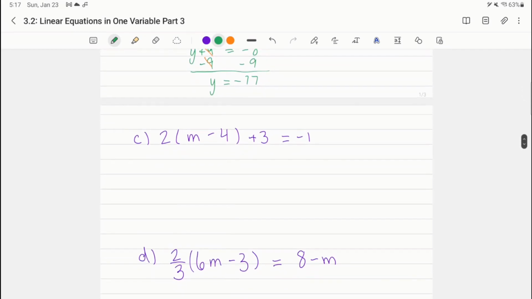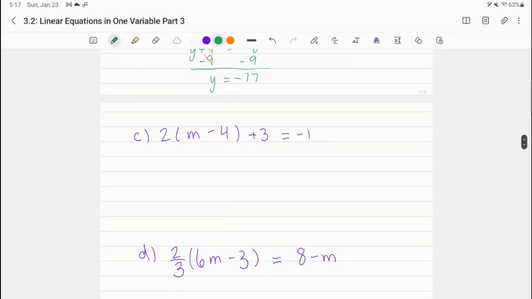Okay, example C. Now we have 2 times the quantity m minus 4, plus 3, equals negative 1. Because of the plus 3 here, I'm not going to divide by 2. In this situation, when the parentheses aren't by themselves, it is easier to use the distributive property.